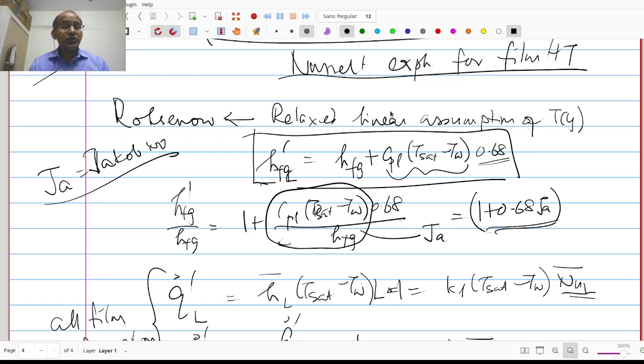Right? So that is the main difference between the simplified analysis of Nusselt and the integral analysis of Rosenau.